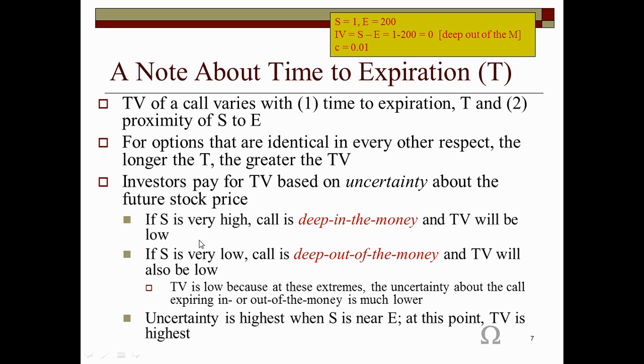So in general, you find that uncertainty in terms of whether an option would expire in or out of the money would be highest when the stock price is near the exercise price. It is at this point we note that the time value of an option is the highest.